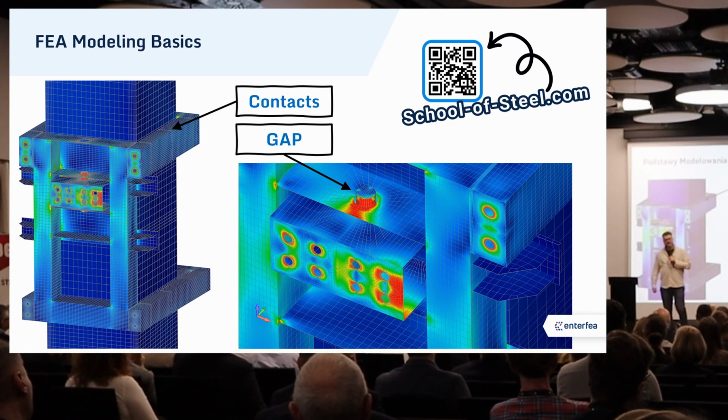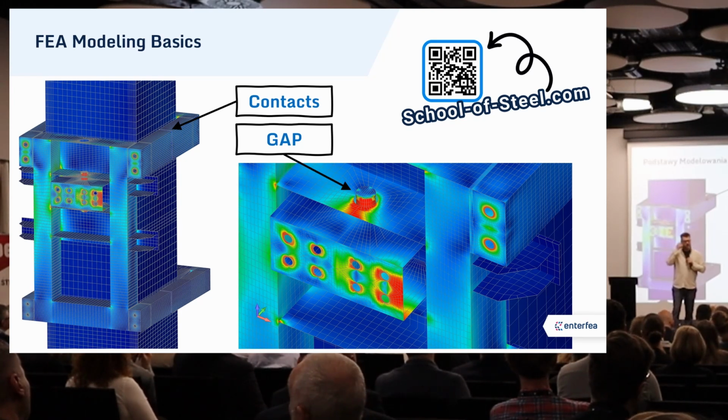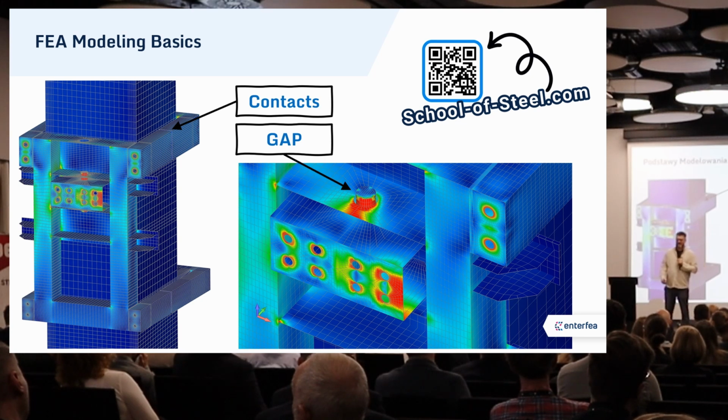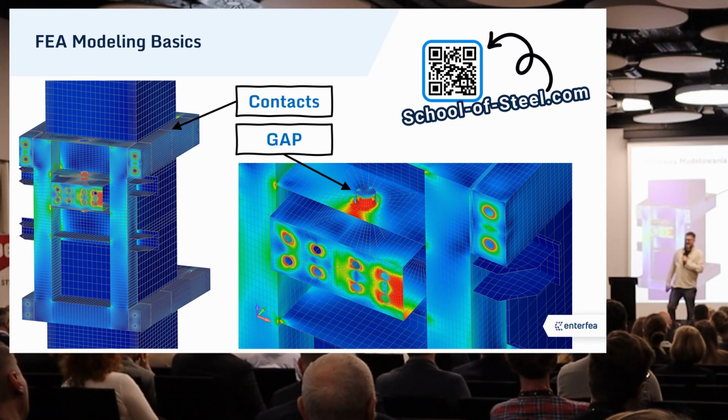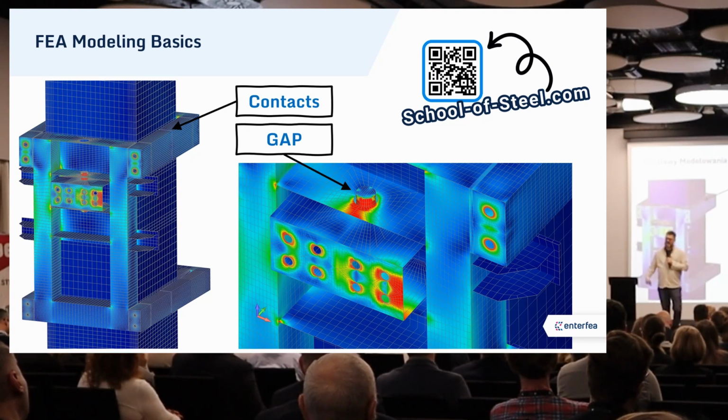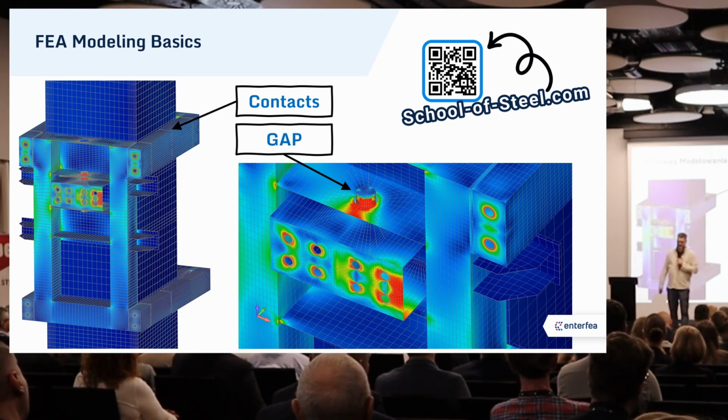Contacts are nice, but not all FEA programs have the ability to do that, and some of those are not simple to use, might be difficult to converge, and so on. So if you have issues using contact, you can use gap elements. Those are simple elements that transfer compression while they do not transfer tension.